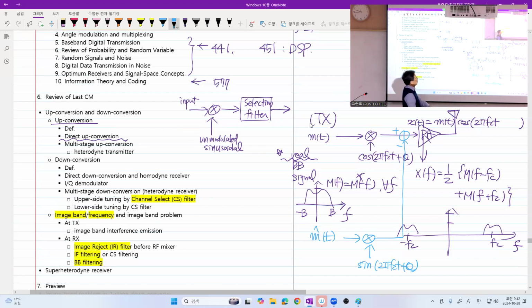Now most of you already reviewed the material on upper sideband SSB, and you know that m(t) plus j m hat(t), serving as the complex envelope of a real valued bandpass signal, gives you upper sideband SSB. So m(t) cosine minus m hat(t) sine. Got it? So sometimes a direct up conversion transmitter has two branches.